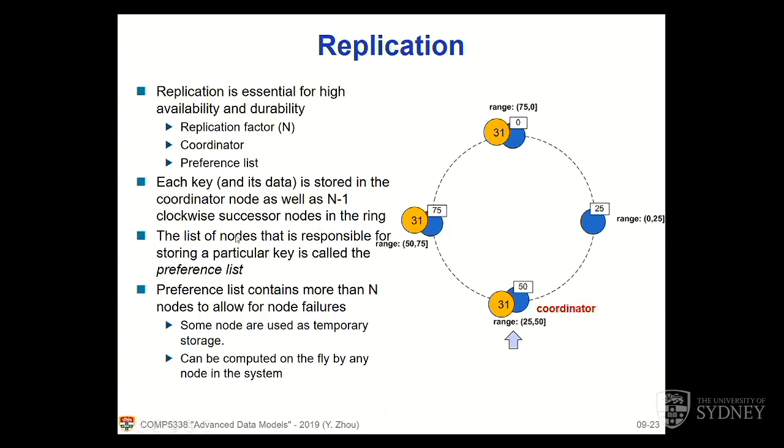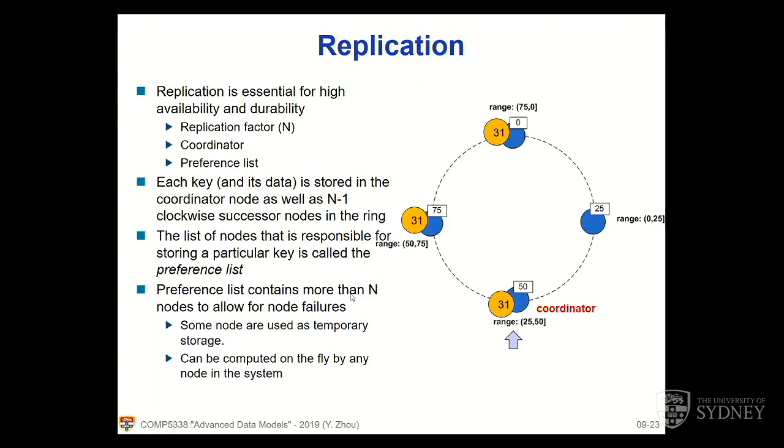And then we want to increase the list because we want to have this always-writable property. So the list of nodes responsible for storing a particular key, sometimes temporarily. So these are the permanent storage, and there is a temporary storage. That's called the preference list. It depends on how big you want your preference list to be.